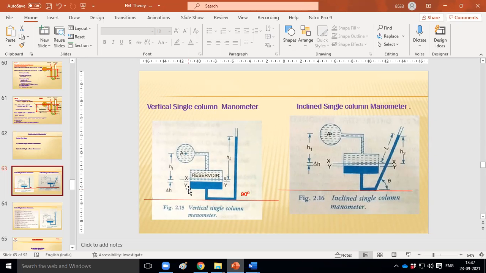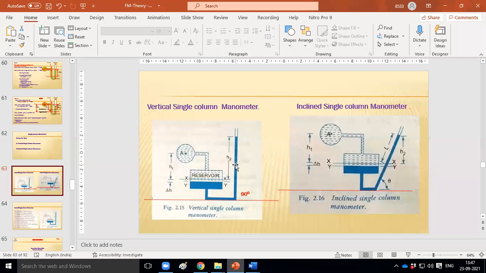at the same time mercury goes up in the right limb, it may be 10 centimeter to 15 centimeter depending on the size of the right side limb. Even 1 mm of mercury going down in the reservoir causes a very drastic change in the level of mercury in the right limb.